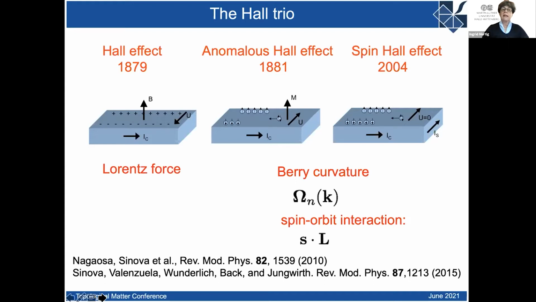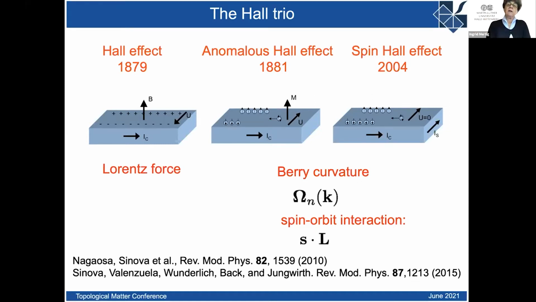A short period later, Hall himself also discovered the anomalous Hall effect, where he investigated, instead of a regular metal, a ferromagnet. And the ferromagnet has a magnetization, and for this, the number of electrons with spin up and spin down is different, and you also observe by this separation a Hall bias.